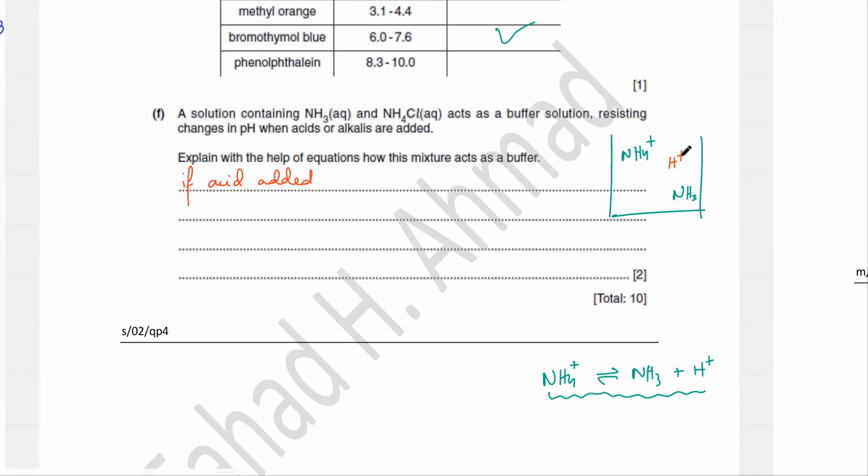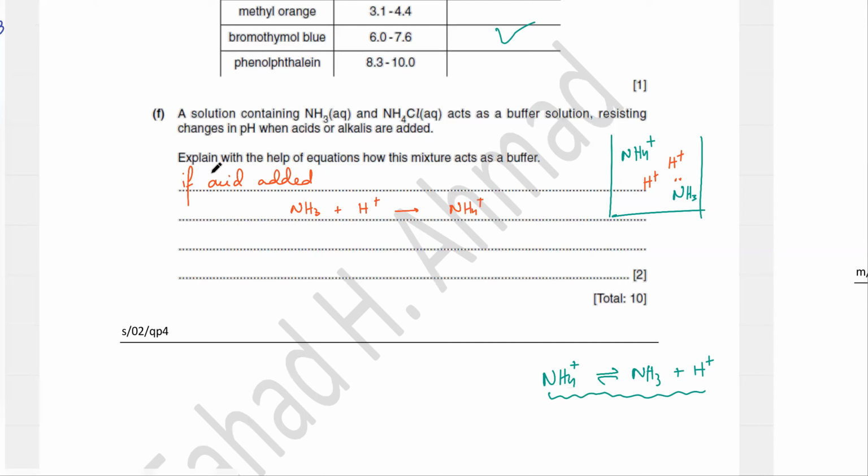If I start adding H+, what would be the reaction? NH3 plus H+ gives you NH4+. NH3 has those lone pairs. It's the conjugate base, so it's going to accept, or attract, the H+ ions. So that's your reaction. He's saying show the equation, so that is what's going to happen.